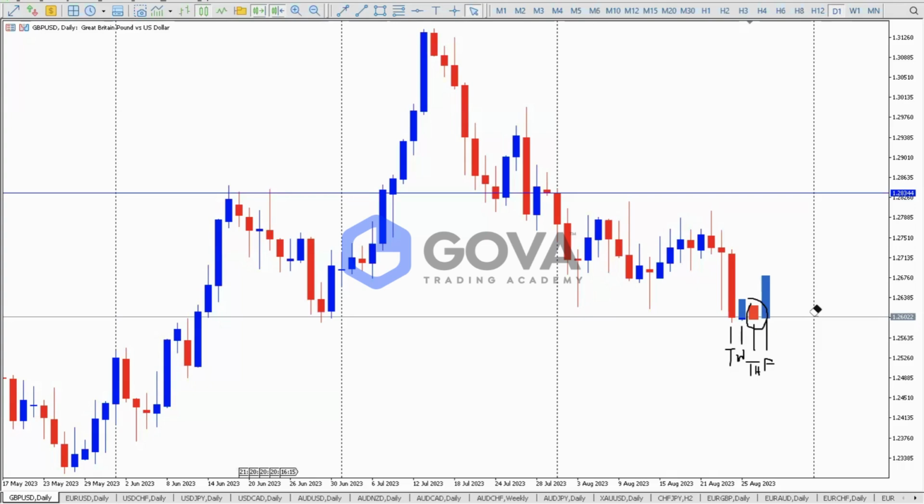And then the Wednesday candle also is bullish, so it's disqualified also. So the only one that qualifies is Tuesday, because it looks rectangular, and it has a lot of imbalance.